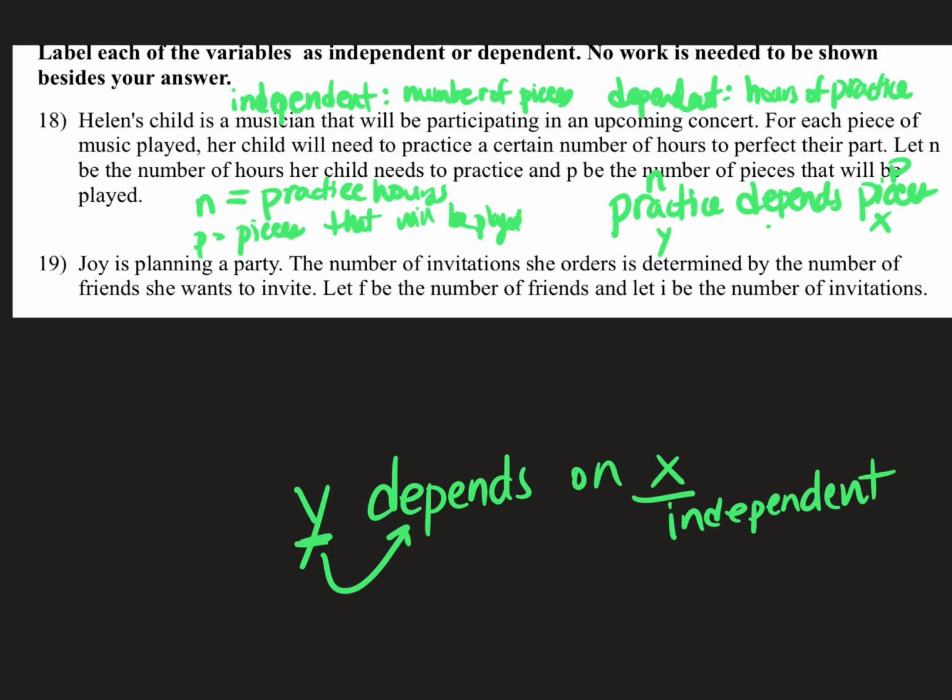Number 19, Joy is planning a party. The number of invitations she orders is determined by the number of friends she wants to invite. So F is the number of friends, and I is the number of invitations.